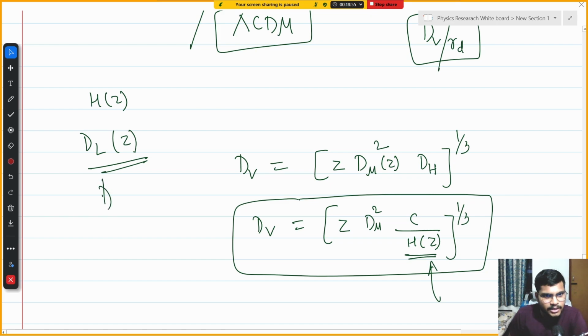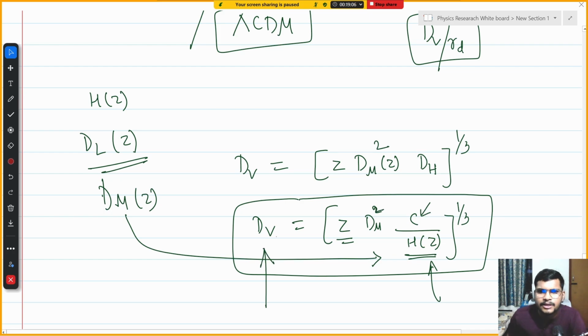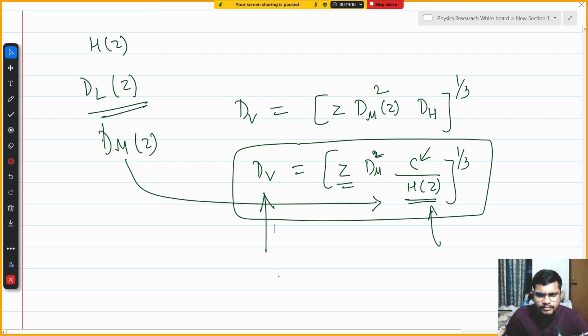From this dL evaluation I can easily calculate dM, and I know the redshift z. c is already known. I will just square it and I can easily calculate this dV spherically averaged quantity, right? Pretty much simple, right? So this is the basic recipe for working with the BAO data, right?